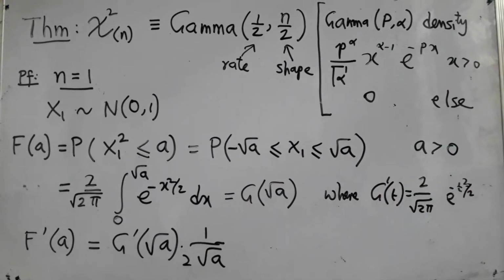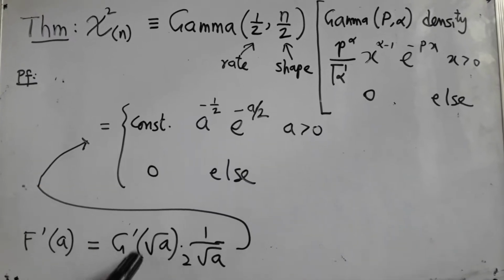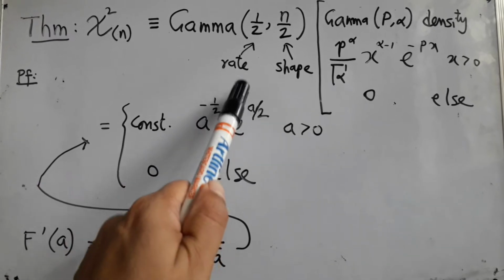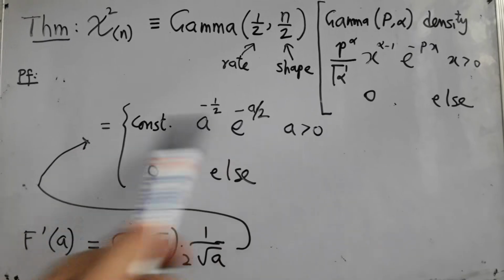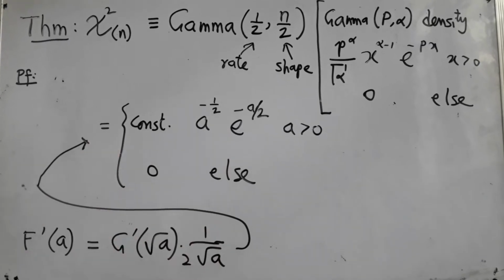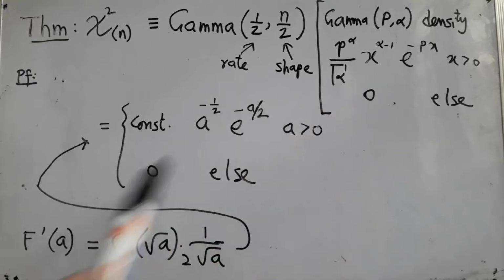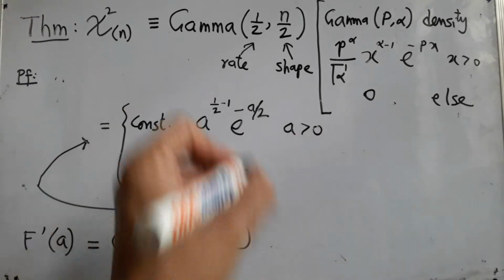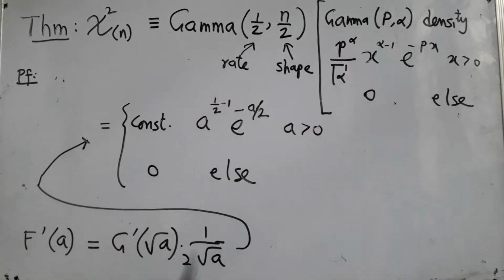So this will become a to the power minus half, then g dash a, that will become e to the power minus a by 2. I had t square here and I put root a there in place of t, so I get minus a by 2. And I do not care about the constant because I know it's a density, so the constant will take care of itself. Compare this with this and you will immediately see that if I consider this minus half as half minus 1, then you have to take alpha equal to half and p equal to half.